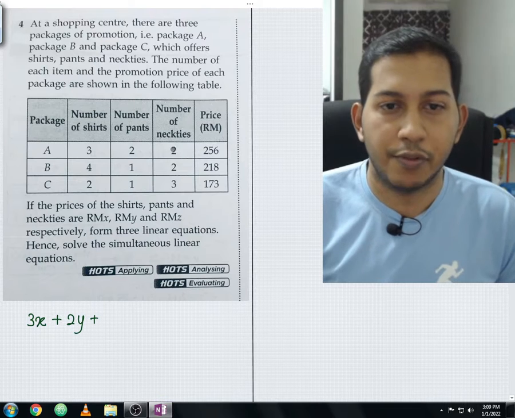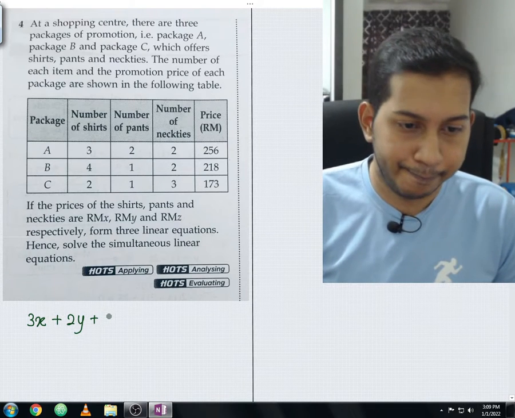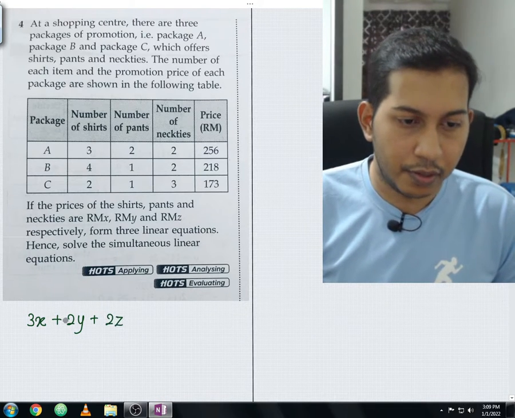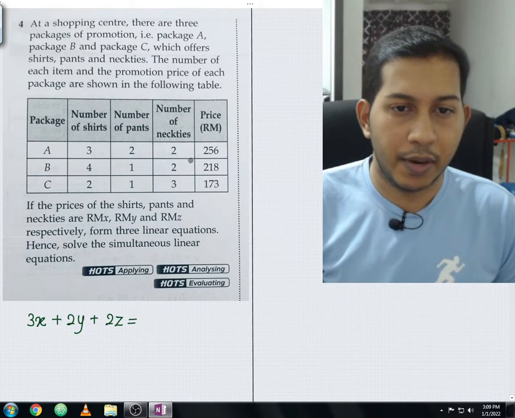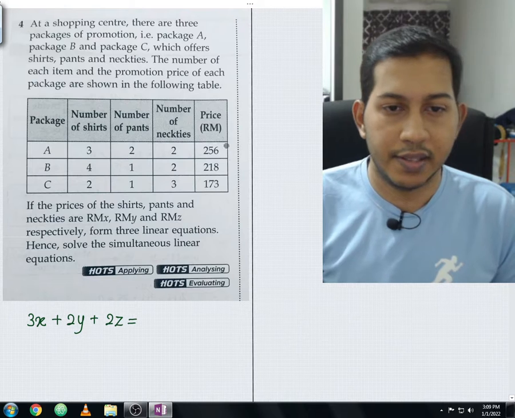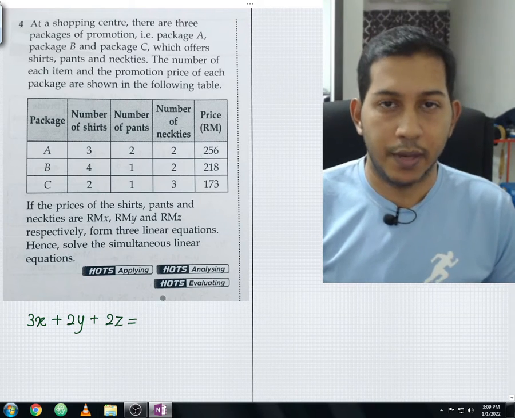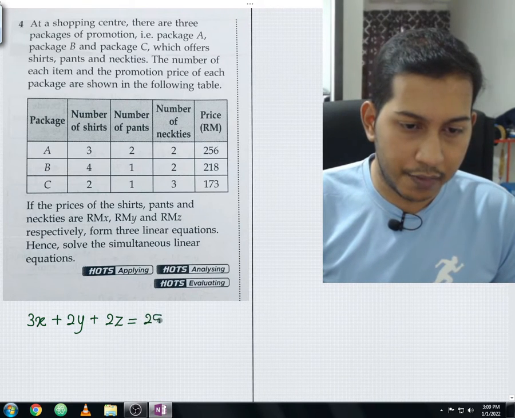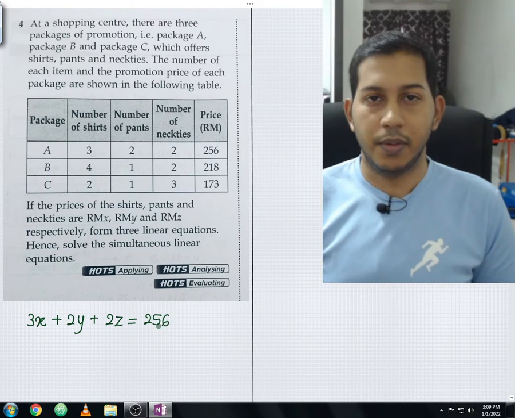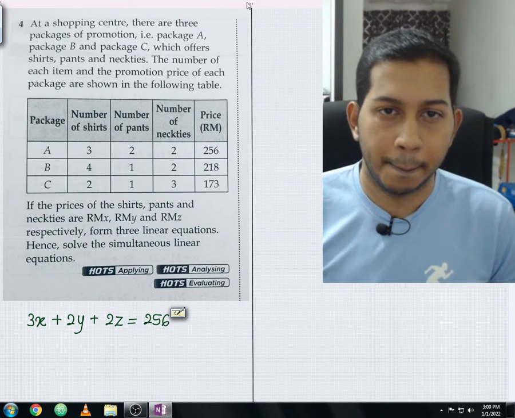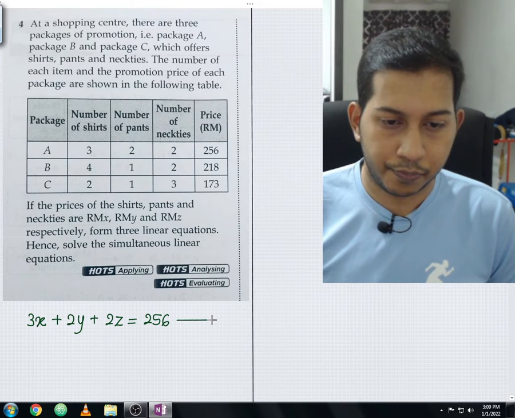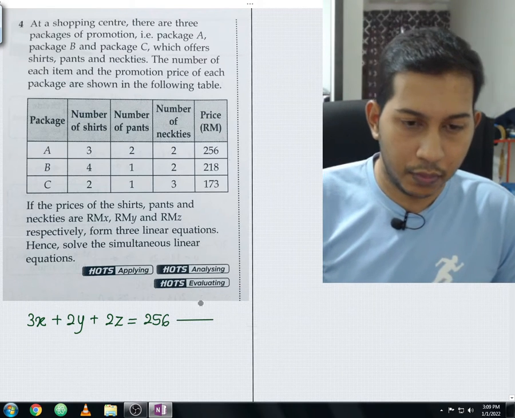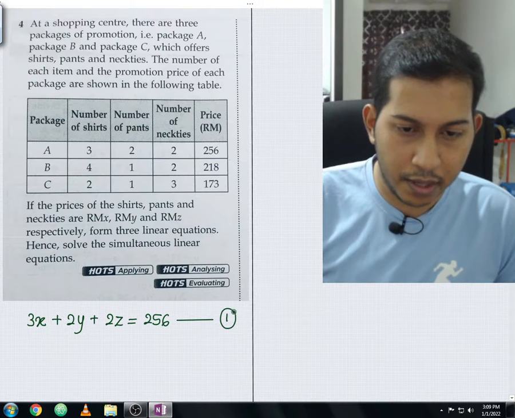Since you have 2 neckties, it will be 2Z. So 3X plus 2Y plus 2Z will be equal to the price of package A, in this case 256 ringgit. This will be your equation number 1.